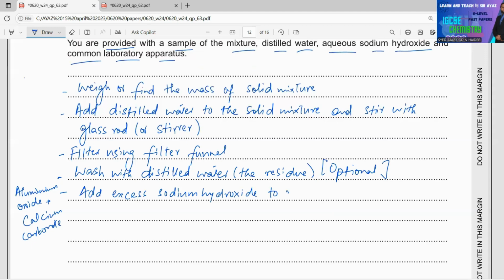And we need to stir again in order to mix the content. Now again, I need to filter. In this way, I'll be left with the residue, which is now containing calcium carbonate on the filter paper.